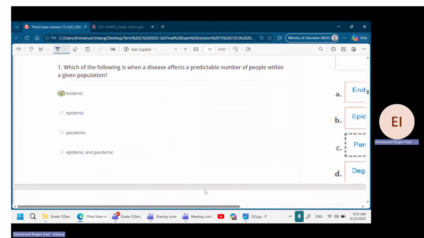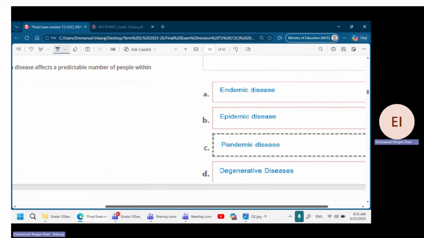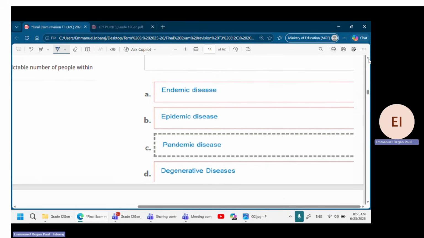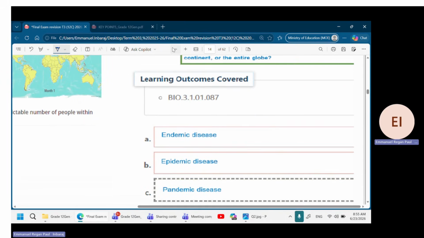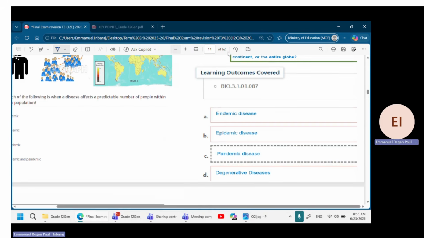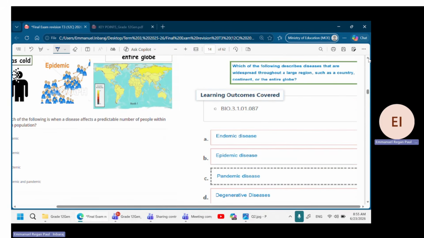Now let's move on to the next. It's easier. Let me do one more question and I will go to the next one. Here it says widespread throughout the large region. Which of the following describes diseases that are widespread throughout the large region, such as country, continent, or entire globe? Pandemic. Because we know that endemic means small number.